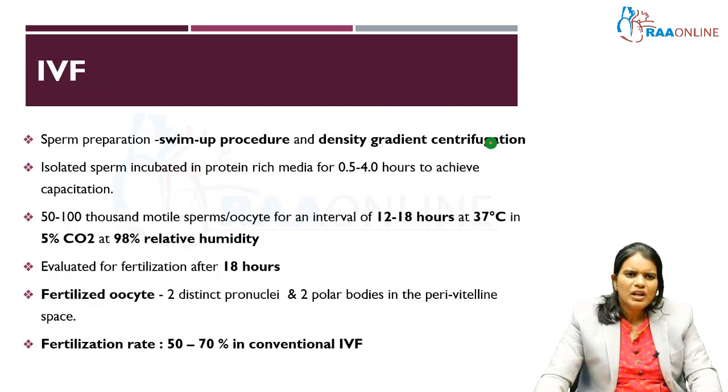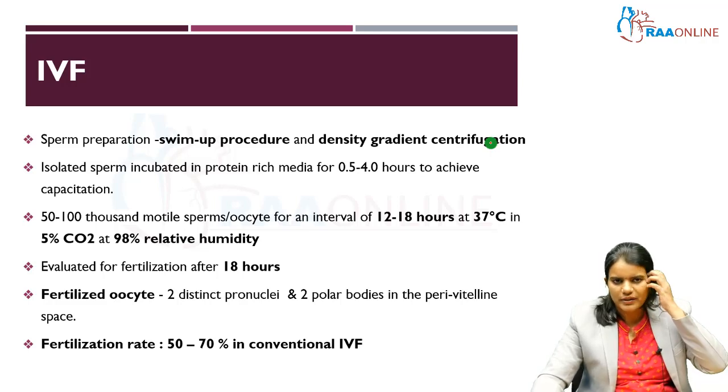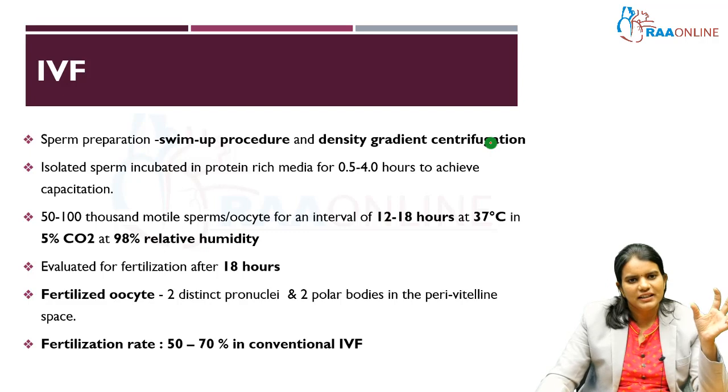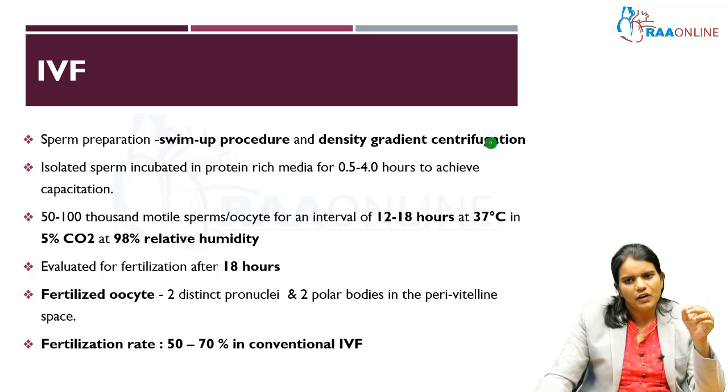Now, going on to IVF, the sperm preparation, the swim-up procedure or density gradient method, is usually used. Okay, and then the isolated sperm is incubated in the protein-rich media for 0.5 to 4 hours. 50 to 100,000 motile sperms per oocyte are there for an interval of 12 to 18 hours, in an environment of 37 degrees Celsius, 5% CO2 and 98% relative humidity, and these are evaluated for fertilization after 18 hours.